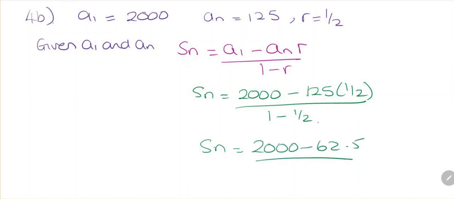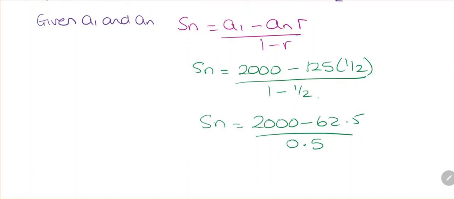And that is divided by 1 minus a half, which is a half, or I'm just going to write 0.5. And I'm going to put this into my calculator. And I have 3875 as my answer. So it's 3,875.